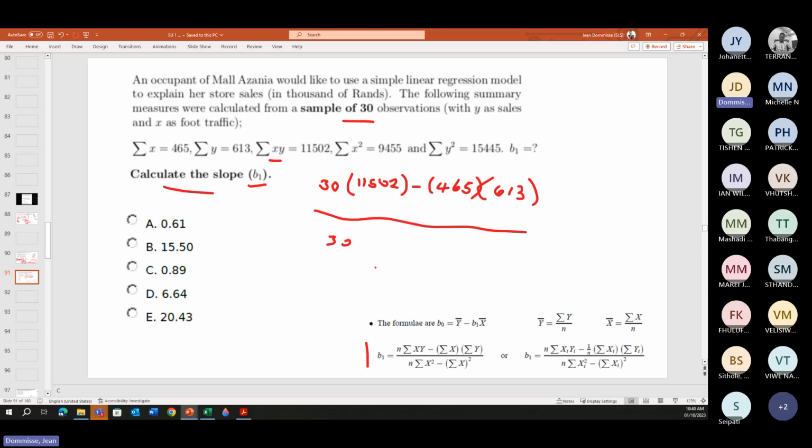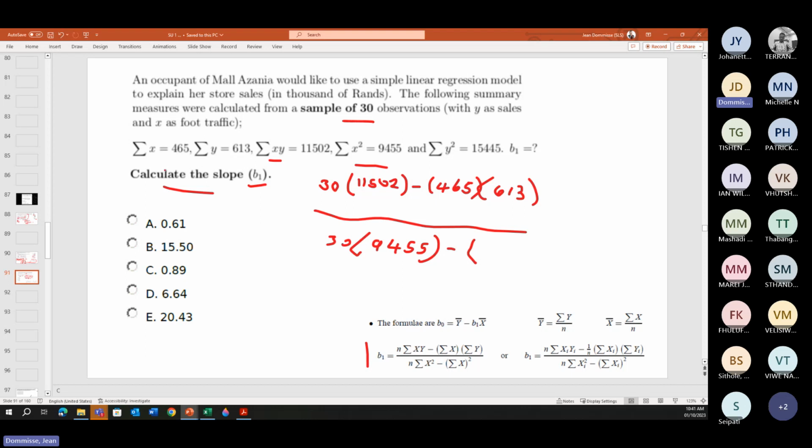So again, they must give you all the information for this formula. They can't not give you all the information. So again, if you guys get a question like this, and they don't give you all the information, also let me know so that I can flag it with the lecturer.